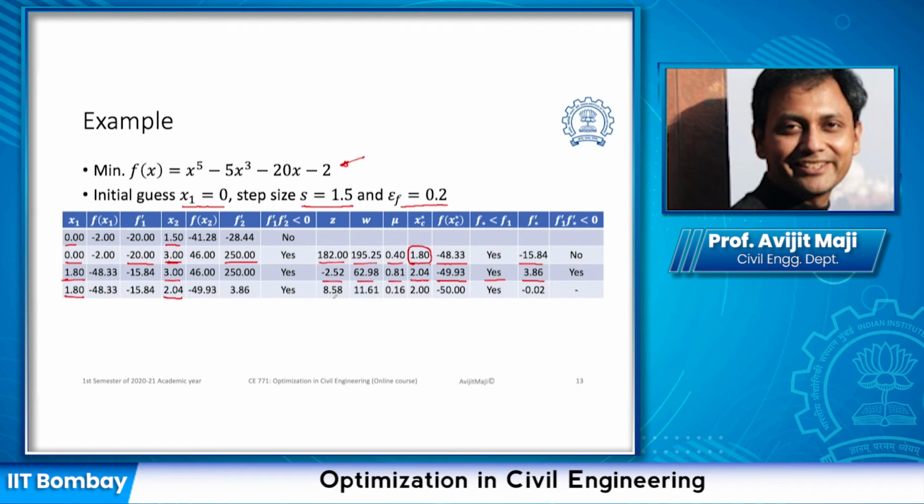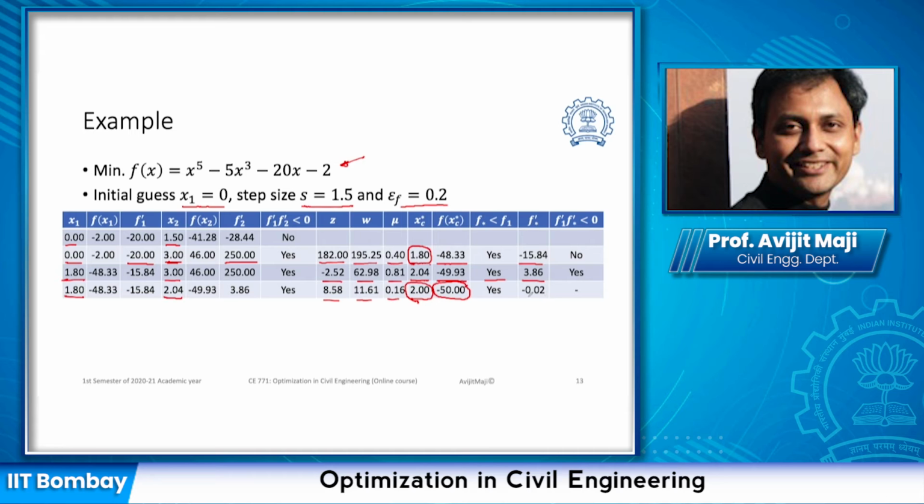So we move further, find out the z, w, mu and the optimum point of the cubic function, and at this optimum point we find the function value of the given objective function, and this objective function value has improved compared to the first point or x1 point.